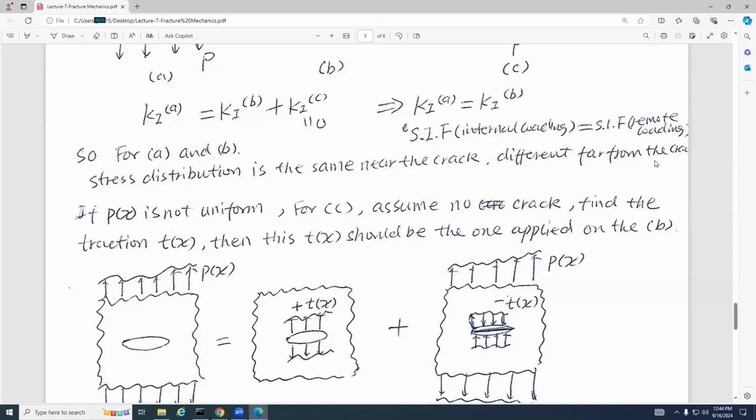So this stress field is only the same near the crack, but for the area far away from the crack, they are different. Understand, guys?